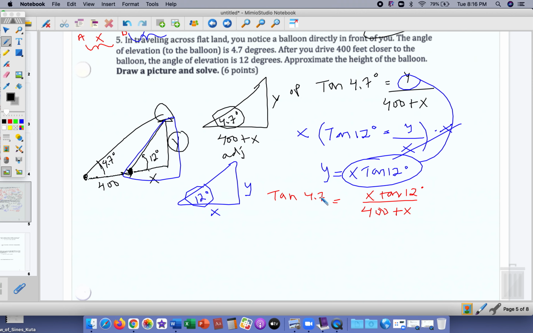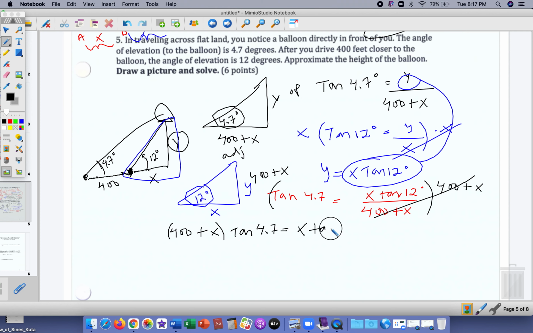Now we'll multiply both sides by that denominator, the quantity 400 plus x. Cancels here and here. So on the left, we'll have the 400 plus x quantity times the tangent of 4.7 is equal to x tan of 12 degrees.